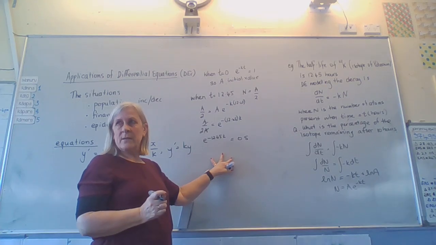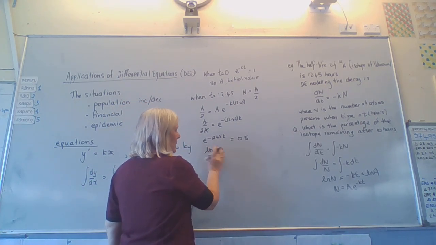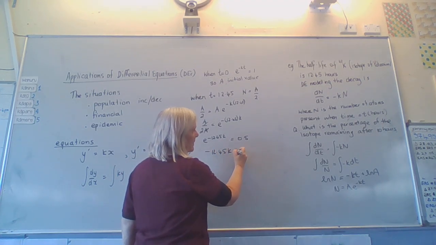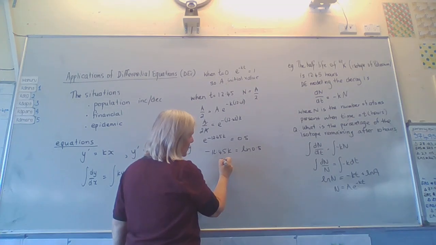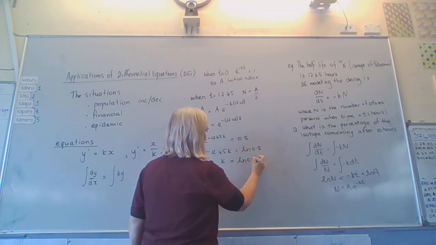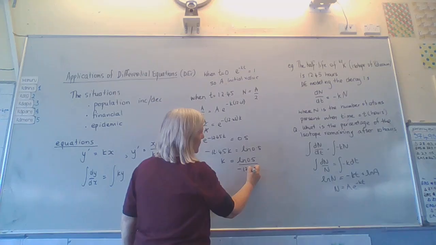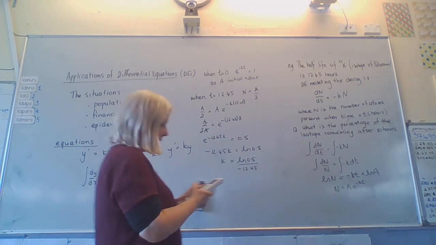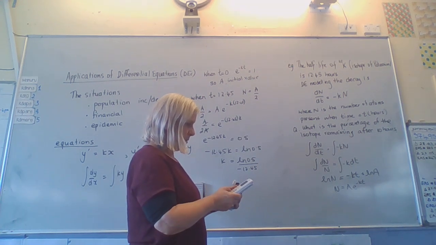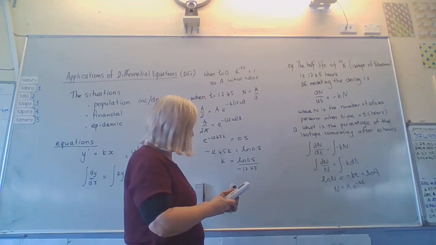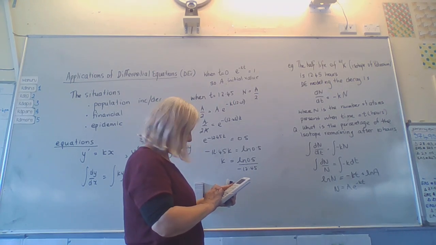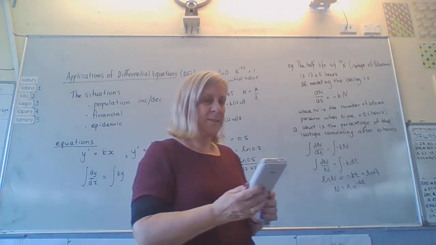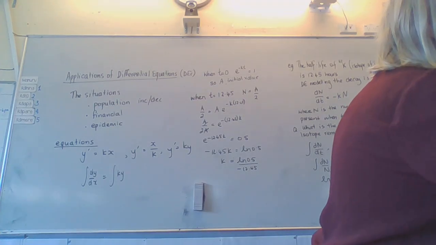How do we undo that e? Right, we ln it. Okay, and then we put it in our calculator. ln 0.5 over negative 12.45. So we put that in our calculator and we get 0.05567.